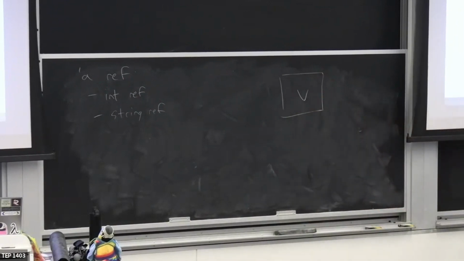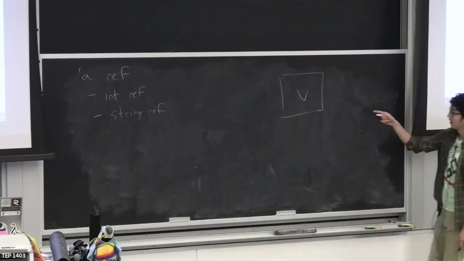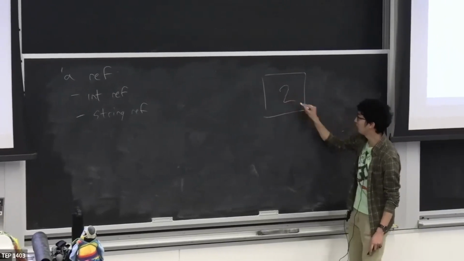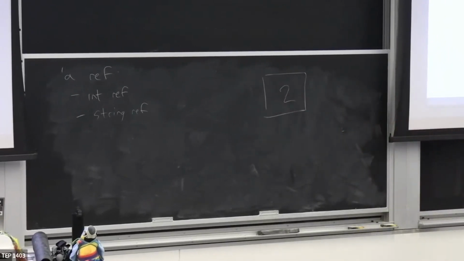It is a box that contains something of type T. But beware, because I'm lying to you right now, because I said the box contains that. I mean the box contains that at this point in time, because somebody might come in and sneakily erase it and then put 2 in it or something. I don't know.